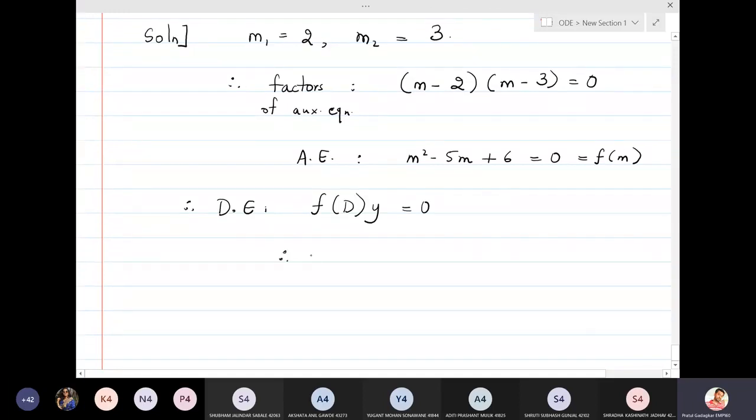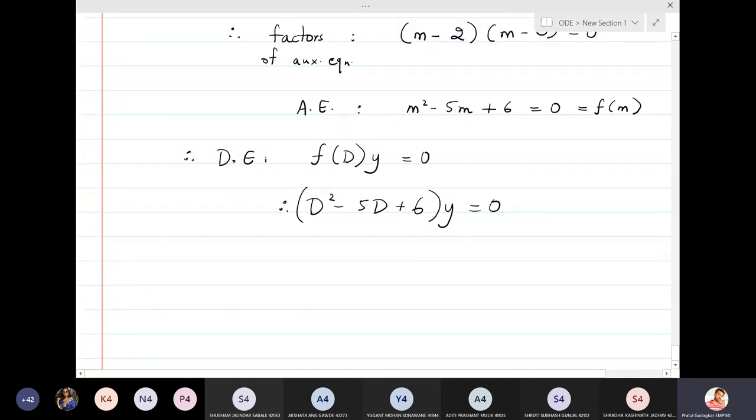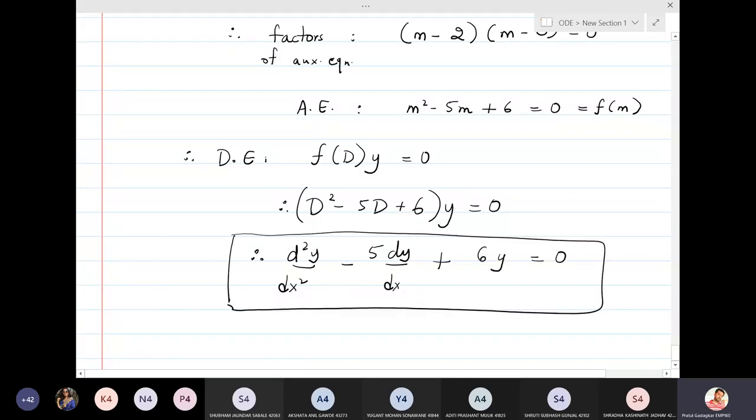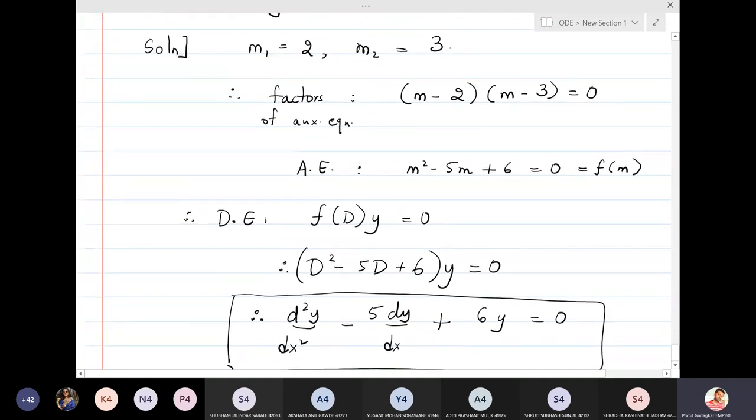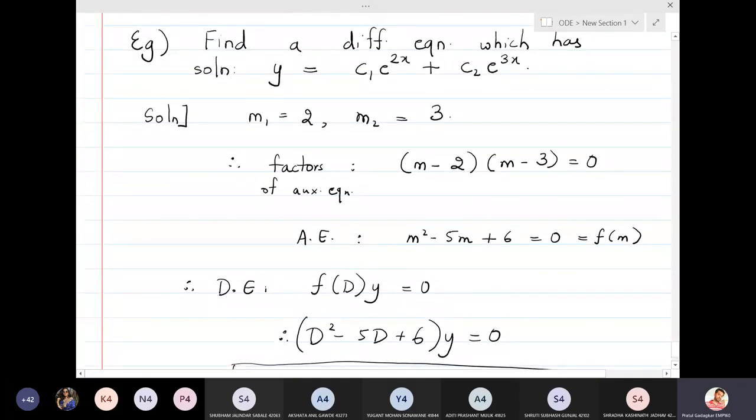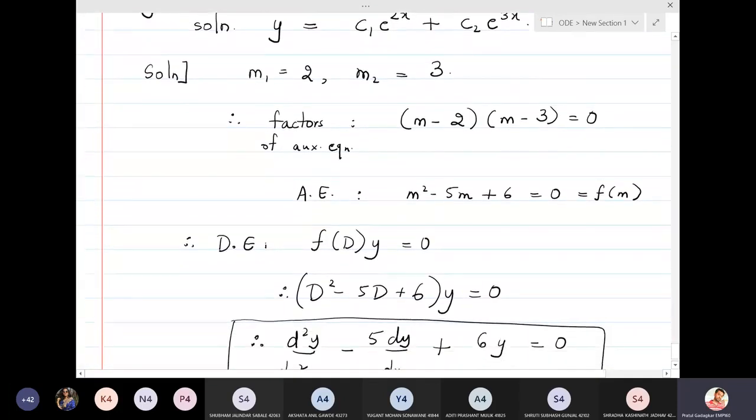So this means (D square minus 5D plus 6)y is equal to 0, and this means that the differential equation is d2y by dx square minus 5 dy by dx plus 6y is equal to 0. So this is the differential equation whose solution is c1 e power 2x plus c2 e power 3x.